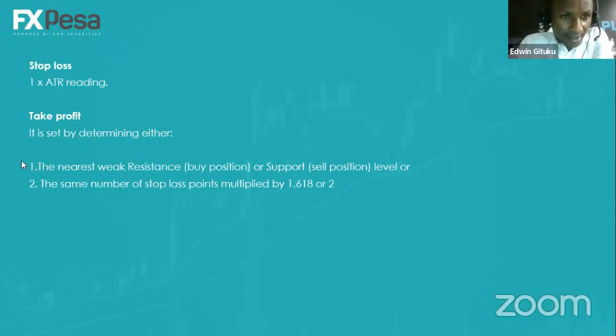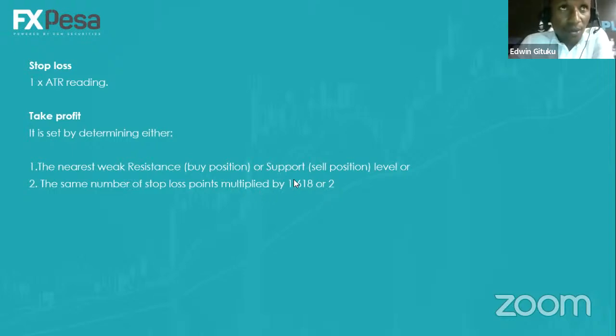Then take profit. You can determine the take profit by taking the number of pips for stop loss, and you can multiply them by 1.618 Fibonacci, or you can multiply that by 2.